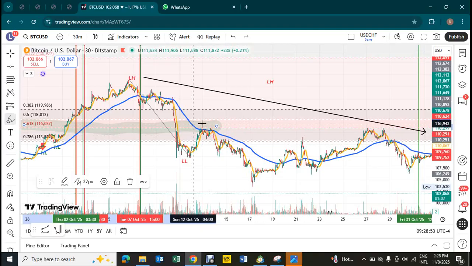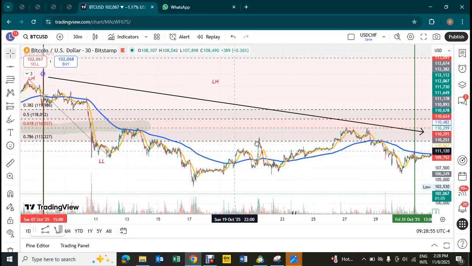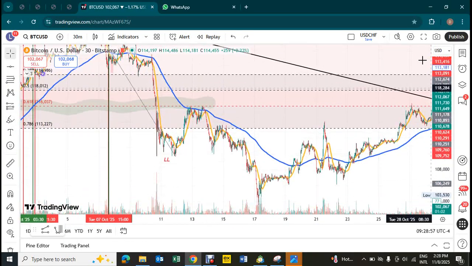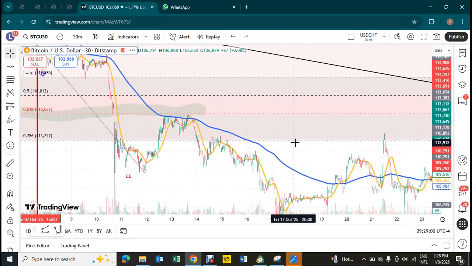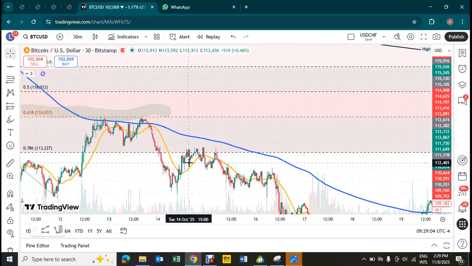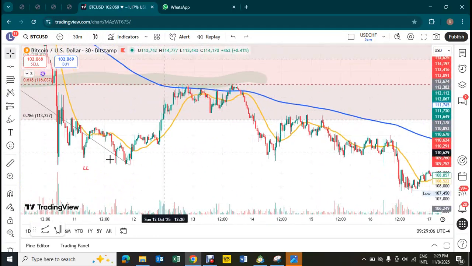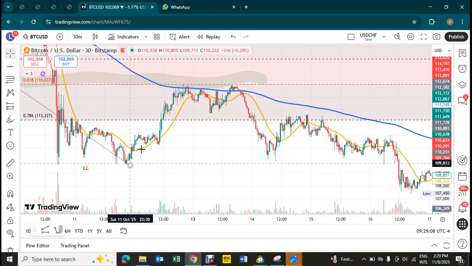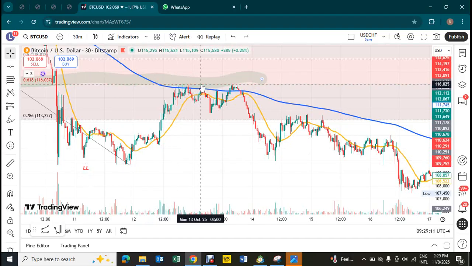If we zoom in to see, you can see the wick of the candles touched it almost how many times? 1, 2, and 3. Shows us that that area is accurately correct. That's where our lower high is supposed to be.